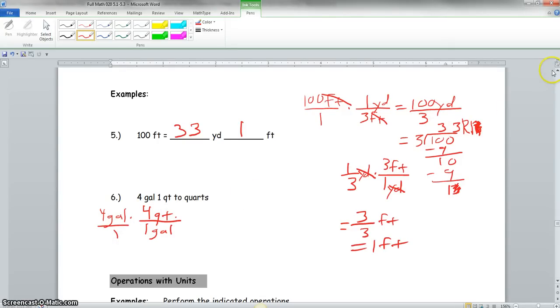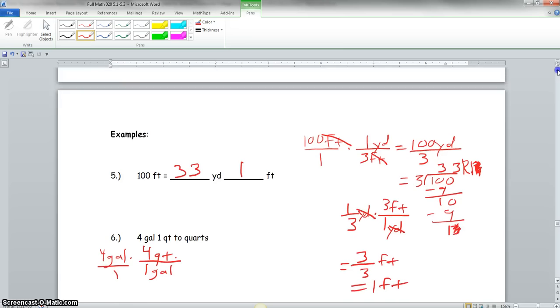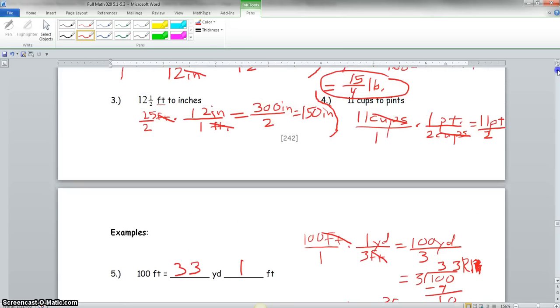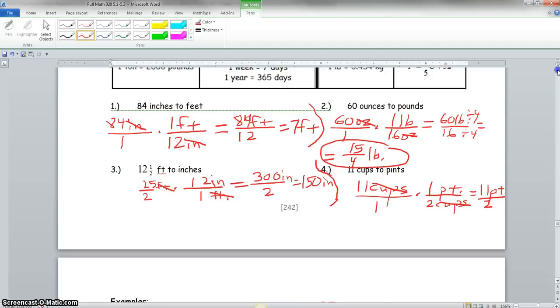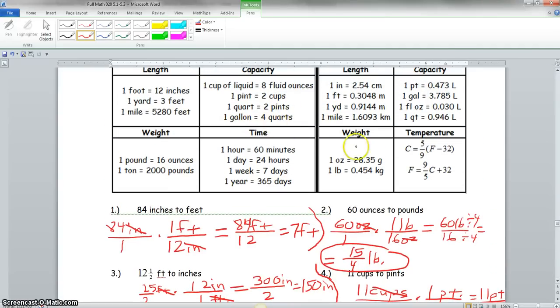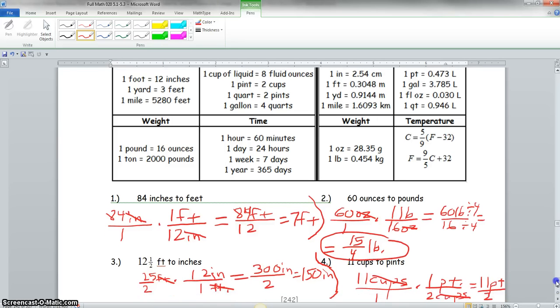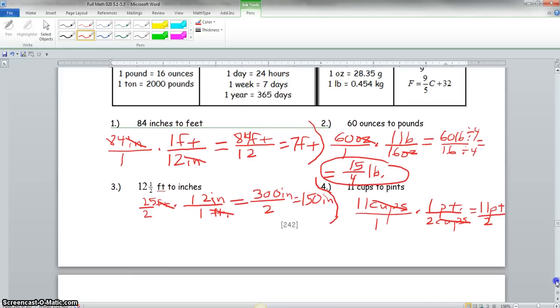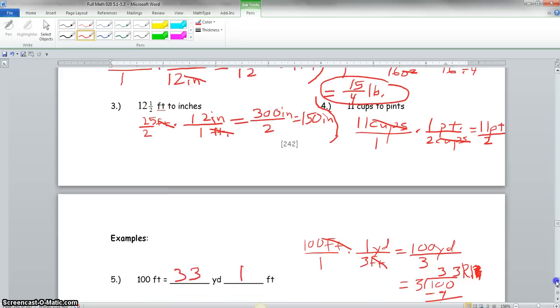Let me go back up here and check just to be sure. We go back up here to the chart. 1 gallon is equal to 4 quarts, just like I had said. So now we need to go back down here to finish off this problem.